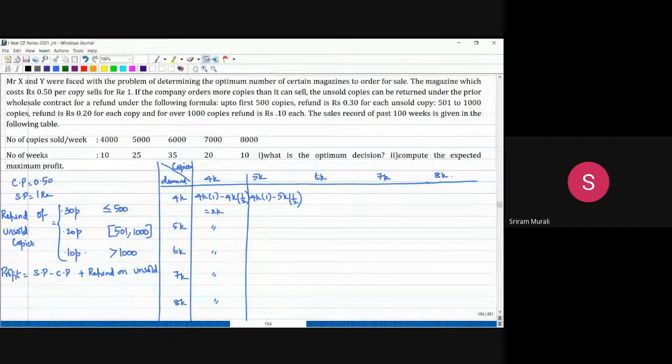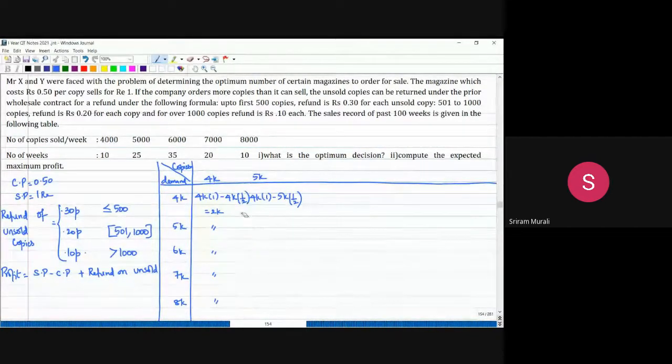This is 5K into 1 by 2 minus what I get. How much do I get?